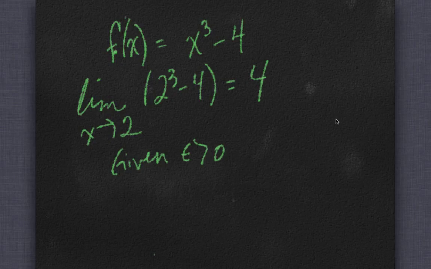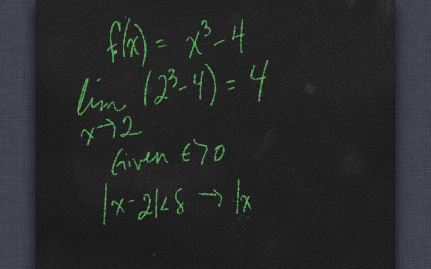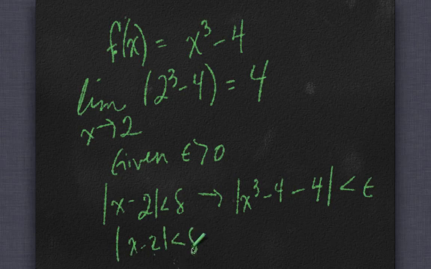So given epsilon, you want to find delta so that, okay, it's 2.